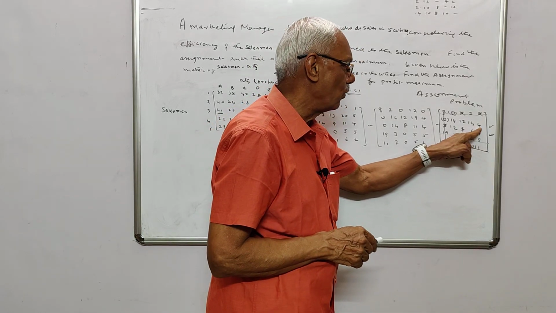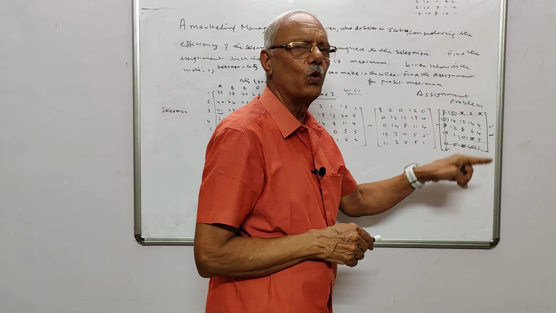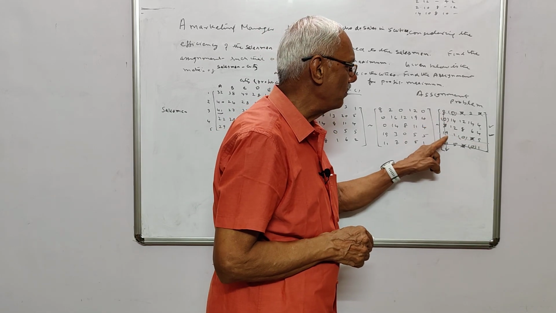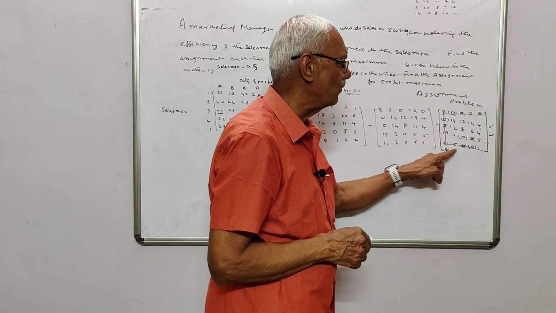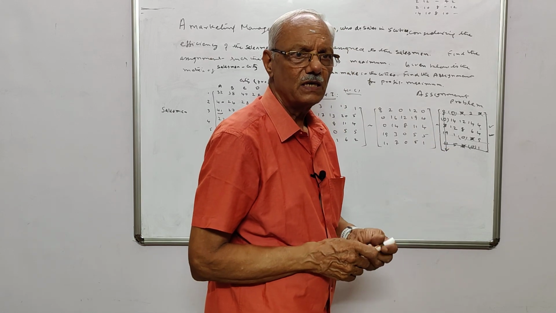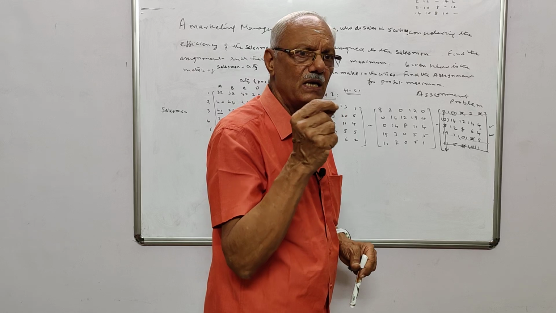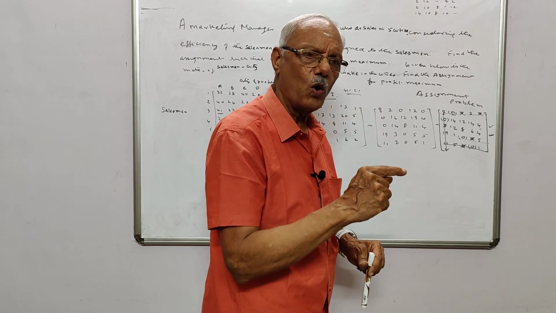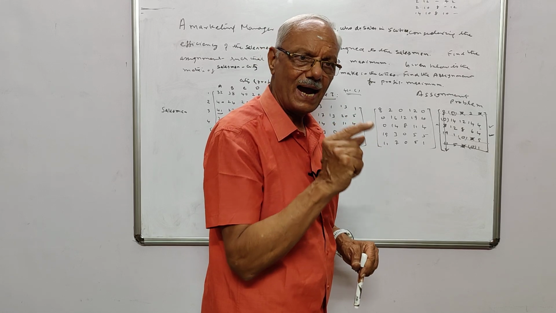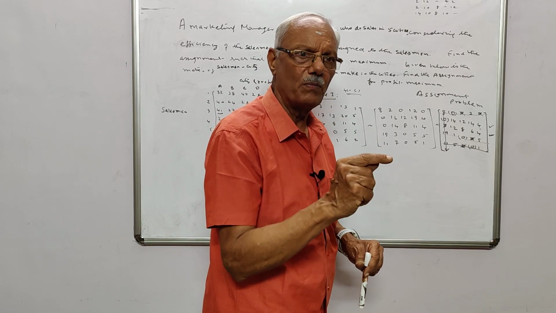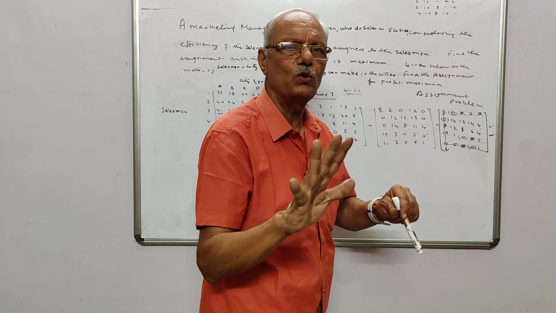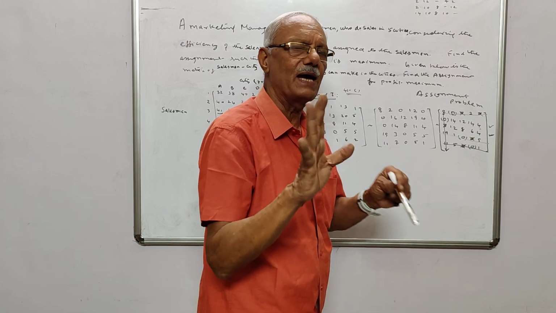Subtract this 4 from all the open numbers, and then add it to the numbers at the intersection of the lines. I repeat this. After choosing the minimum of all the open numbers, subtract it from all other open numbers, add it to the number at the intersection of the lines, and the rest of the numbers don't disturb, keep them as they are.